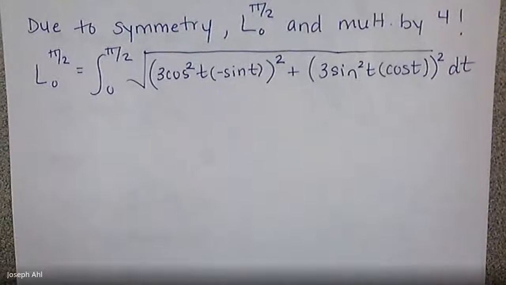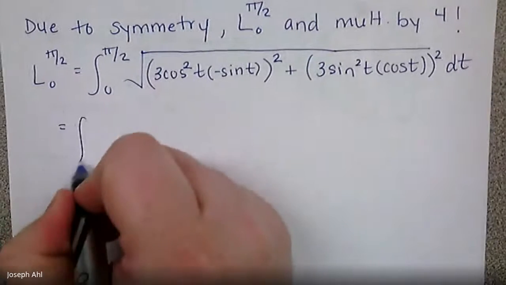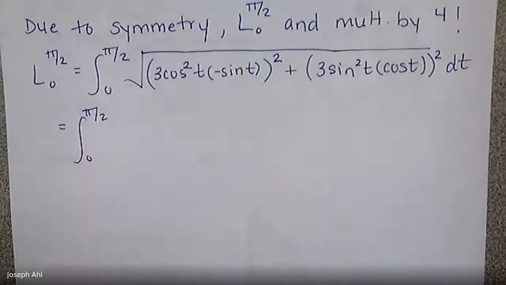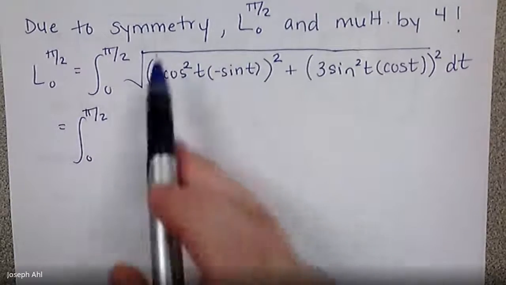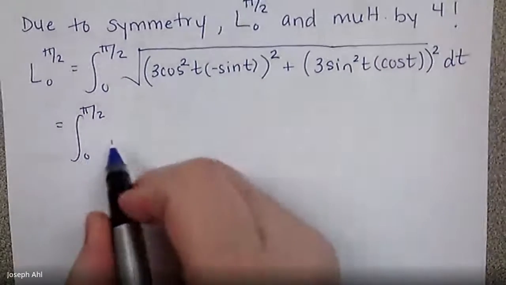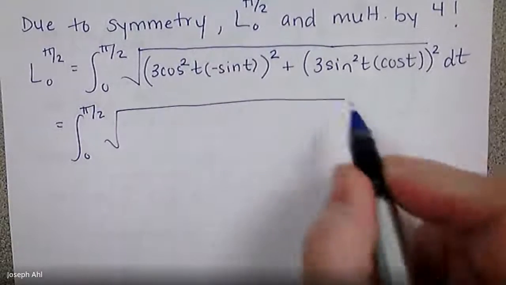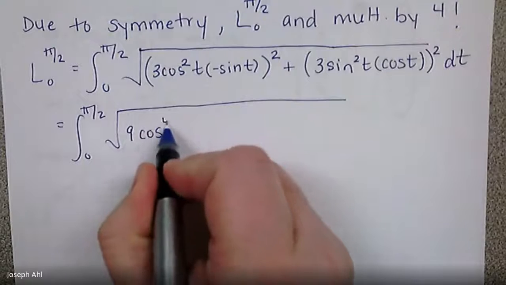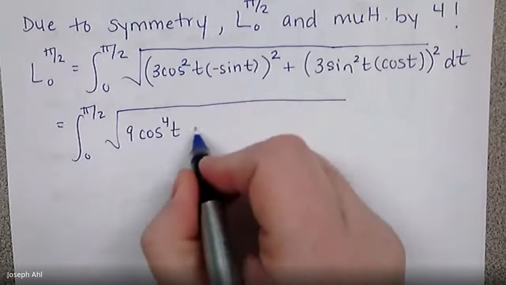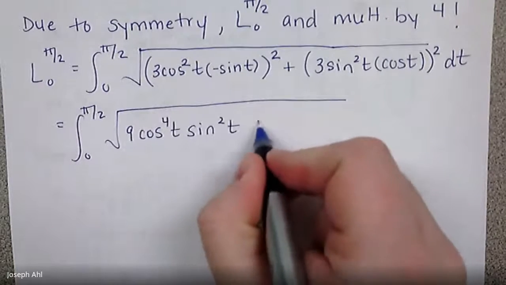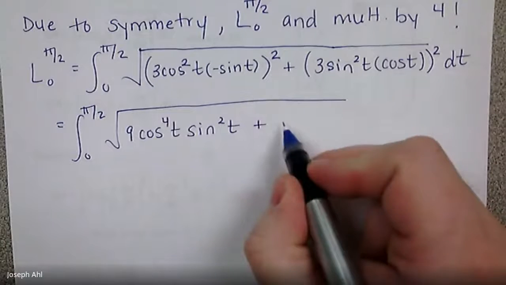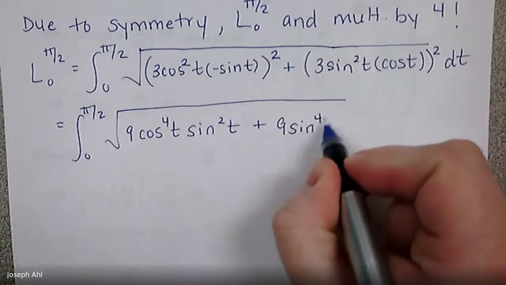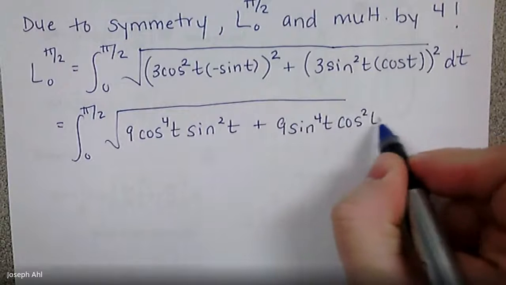All right, this looks like an intimidating integral to calculate, but check this out. Let's start breaking it down. If you square the first dx dt there, that's going to be 9, and then you're going to get cos to the 4th t, and then this becomes sine squared. Plus, similarly over here, you're going to get 9 sine to the 4th cos squared.